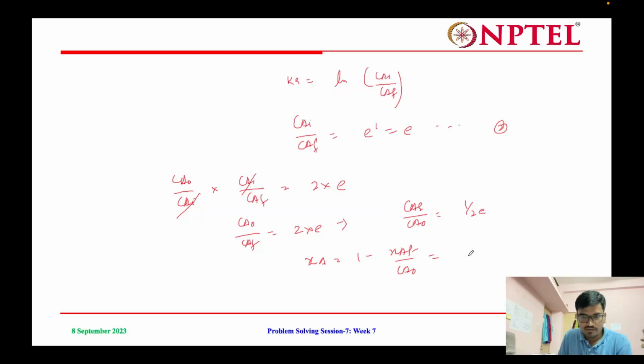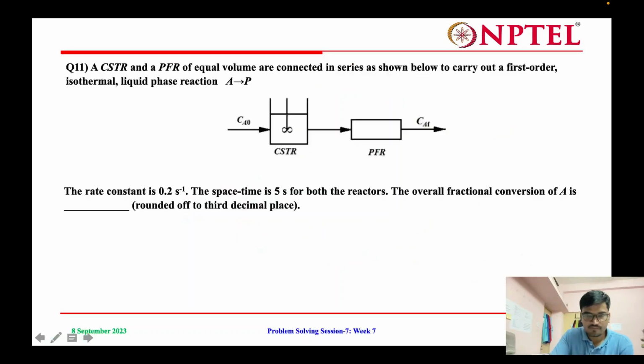So here 1 minus 1 by 2e equal to 0.816, which means 81.6%. The overall fractional conversion is 81.6%.